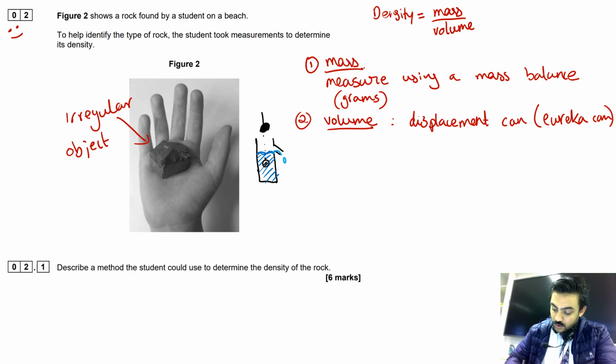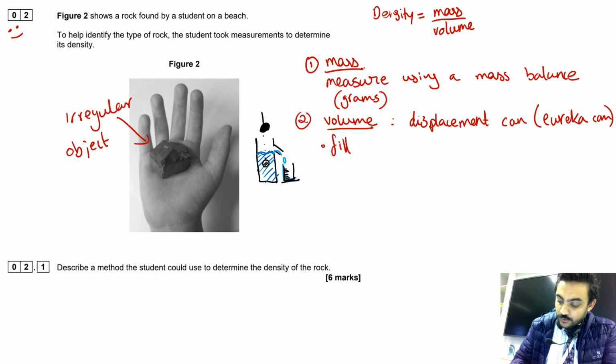So what you have to do is collect the water that is displaced inside a measuring cylinder, and the volume of the water displaced is the volume of the rock. So let's write that method.